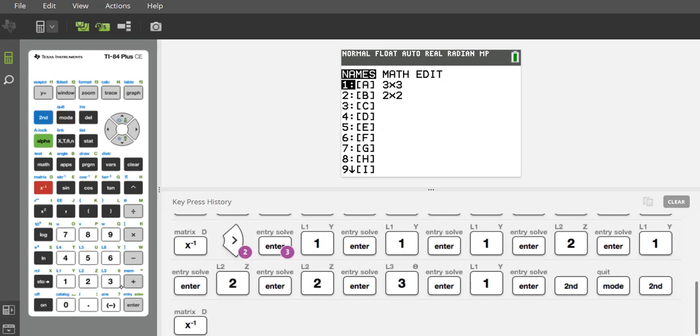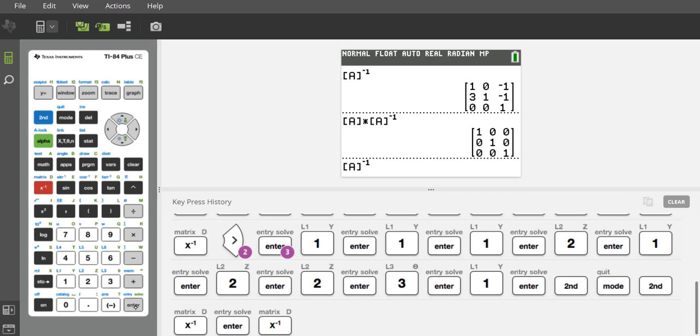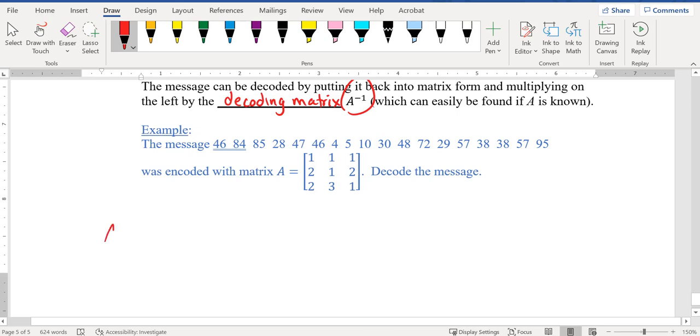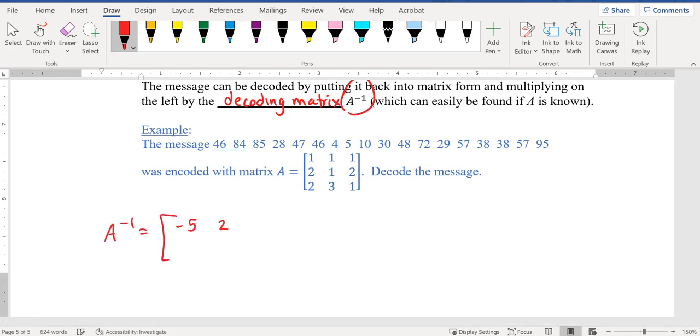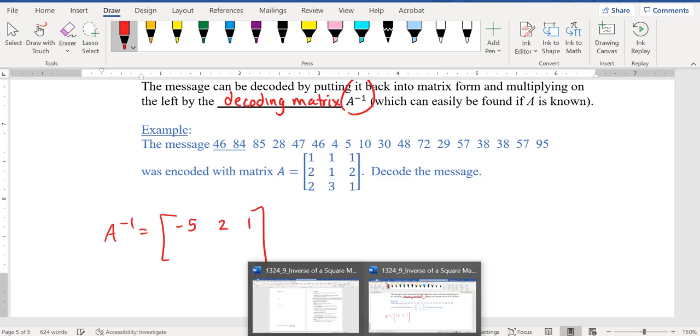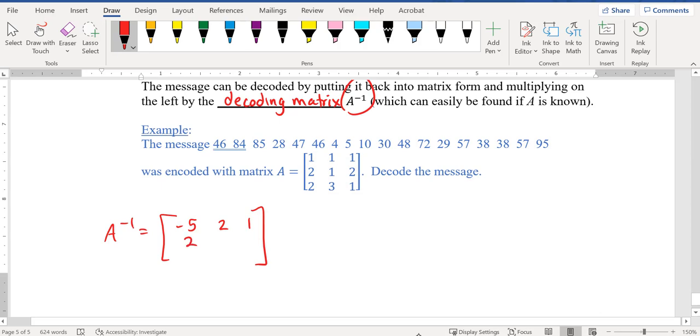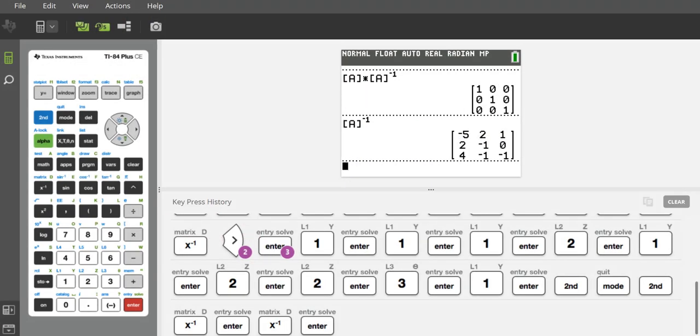My matrix A inverse is that matrix, -5, 2, 1, 2, -1, 0, 4, -1, -1.